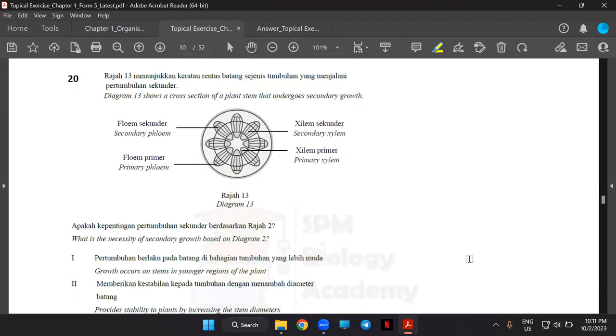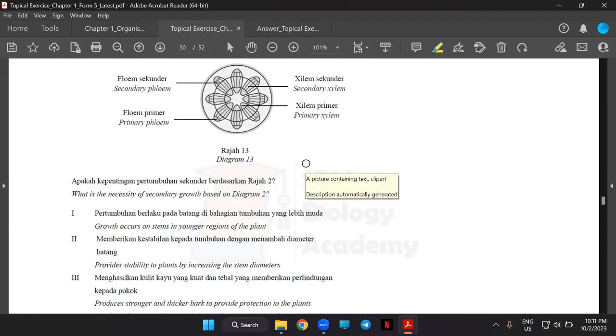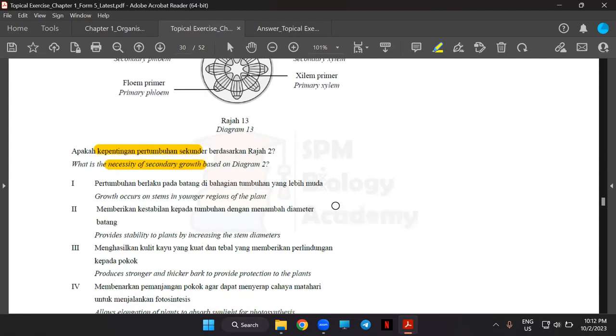Rajah 13 menunjukkan keratan rentas batang sejenis tumbuhan yang menjalani pertumbuhan sekunder. Diagram 13 shows a cross section of a plant stem that undergoes secondary growth. Okay. Apakah kepentingan pertumbuhan sekunder berdasarkan rajah ini? What is the necessity of secondary growth? Growth occurs on stem in younger region.